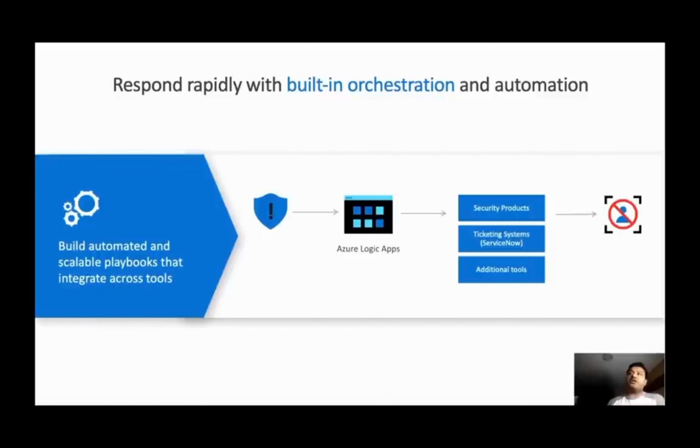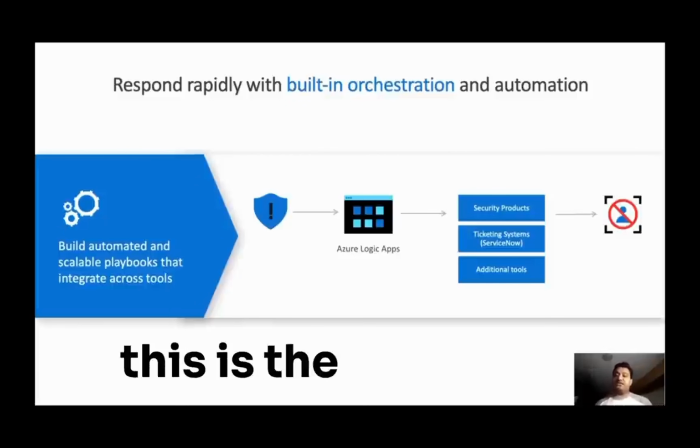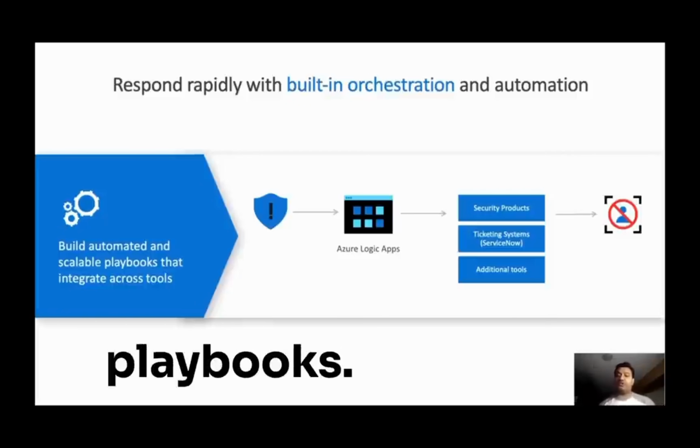So for example, you can create some logic apps, and those logic apps, you can configure them, which can send you an email, or it can even be configured to take some actions. You can even integrate those Azure logic apps and send emails to your service desk or maybe ServiceNow or different workflow. So basically that is the capability using some playbooks.